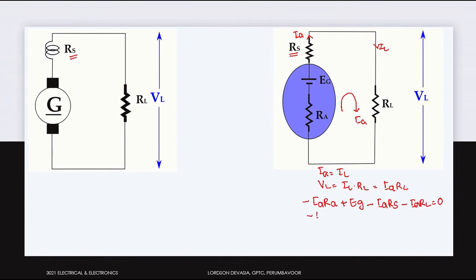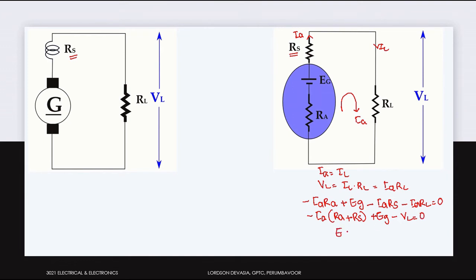Taking IA common, it becomes minus IA into (RA plus RS), and the remaining term is EG minus IA RL, which is VL, equal to 0.